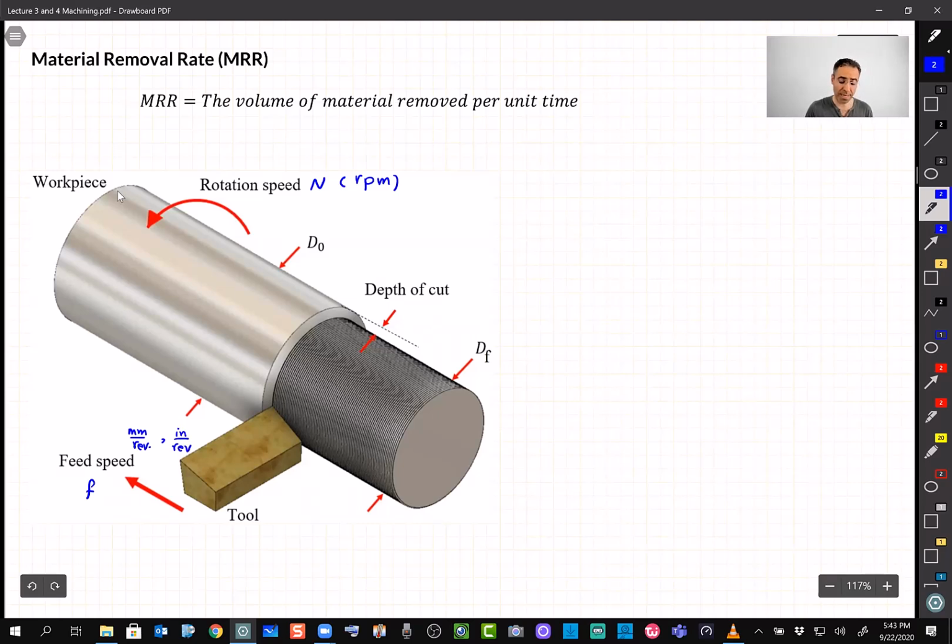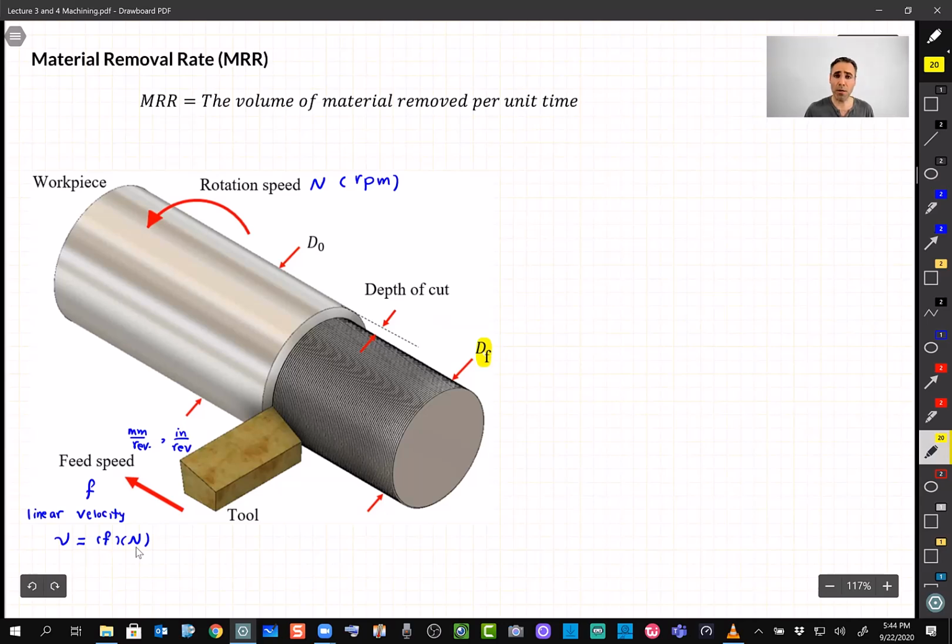Keep in mind, this feed is different than linear velocity. If I want V, the linear velocity, how fast this tool is moving, I just need to multiply this f by n, all right? Then of course, if this n is RPM, it gives me the displacement per minute, the speed of this tool.